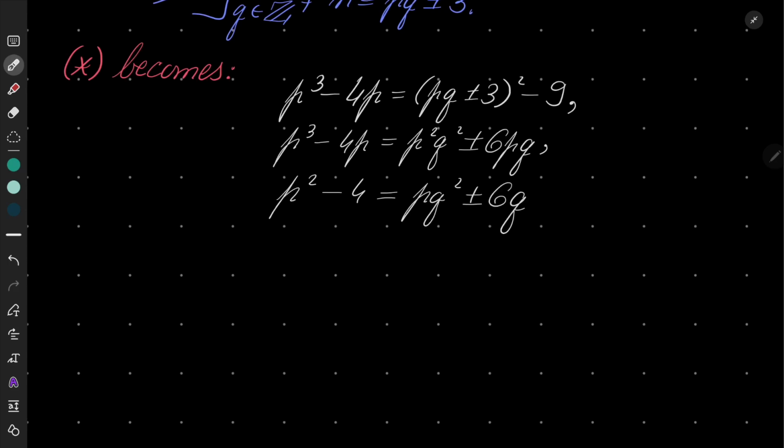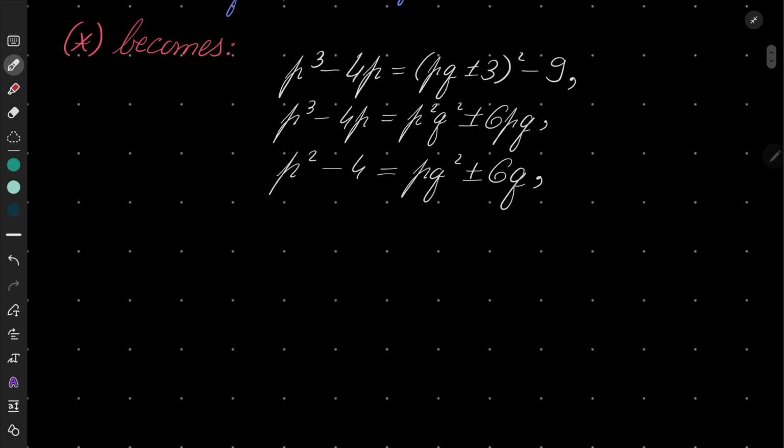the following. Okay. And let's do one more thing. Let's put terms with p on the left-hand side, and let's put everything without p on the right-hand side. We have the following. And now let's notice that the left-hand side again is divisible by p.